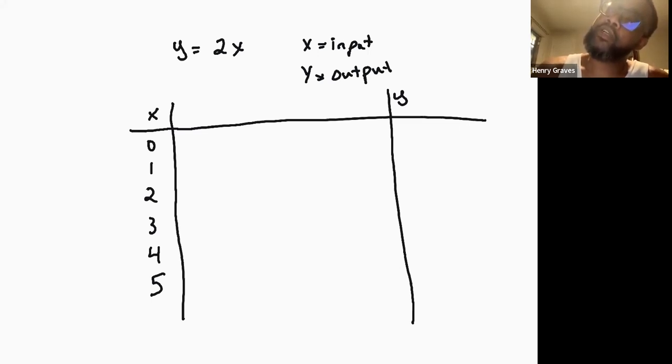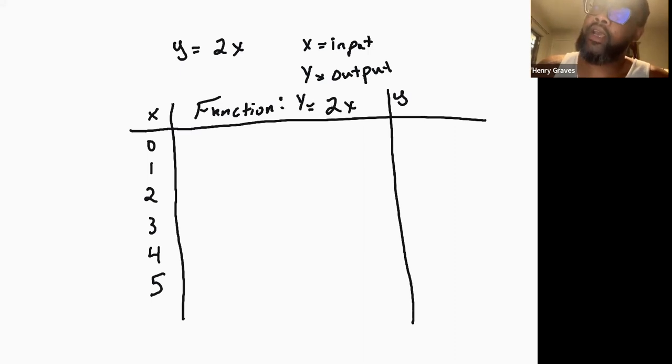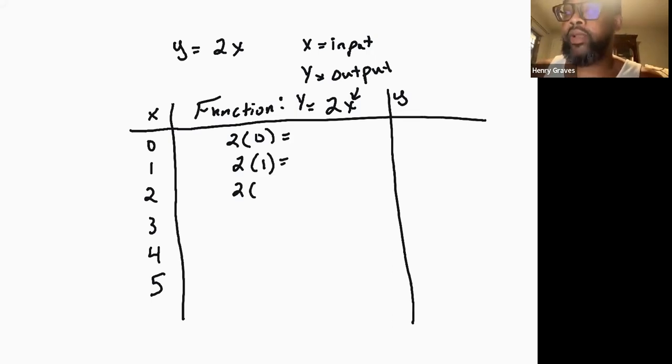So in our function, y equals 2x, right? That's the function. I'm going to take all the x's and replace them with the numbers right here. See how I did that? Same thing, 2 times 1, 2 times 2, 2 times 3, oh, not 3, I'm sorry, that should be 2 times 3.